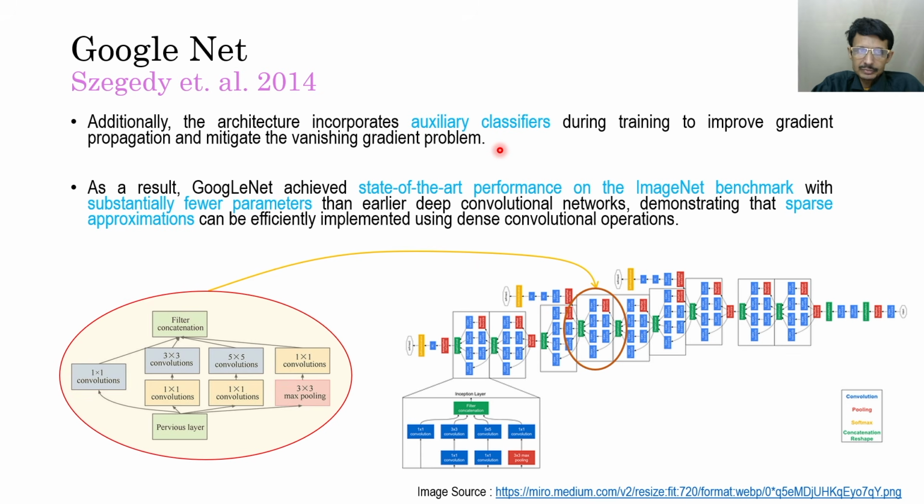As a result, GoogleNet achieved state-of-the-art performance on the ImageNet benchmark with substantially fewer parameters than earlier deep convolutional networks, demonstrating that a sparse approximation can be efficiently implemented using dense convolution operations. And that is the major idea of GoogleNet.